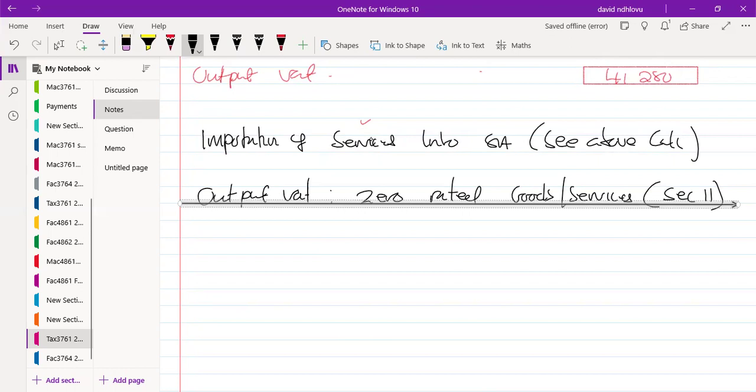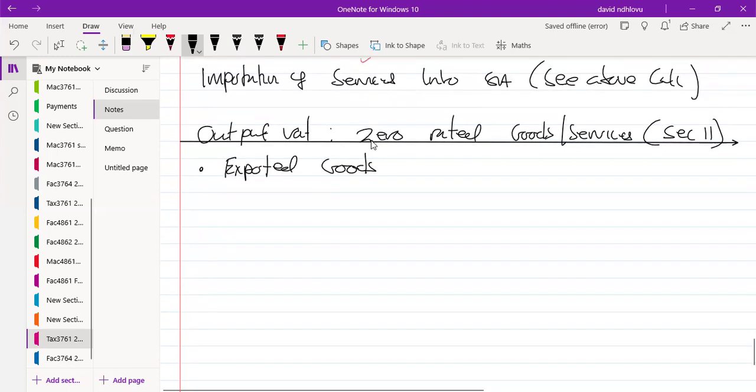Right, there are a number of things listed there. Number one is exported goods. Goods that are going outside South Africa don't normally carry VAT.